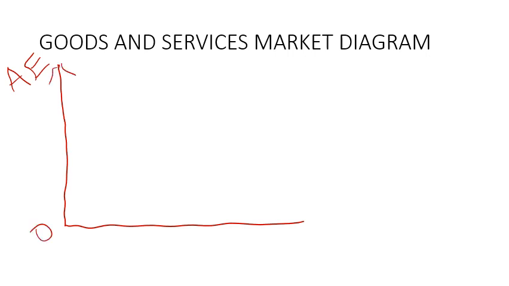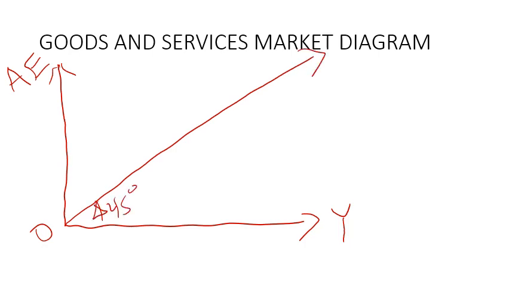Here we have 0, and here on the x-axis we have Y, GDP, or national output or national income, which is consumption plus investments plus government spending plus exports minus imports. Nextly, we have this 45-degree help line. What is the slope of this 45-degree help line?